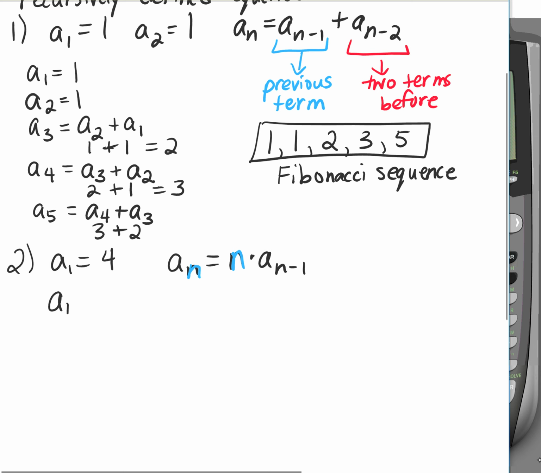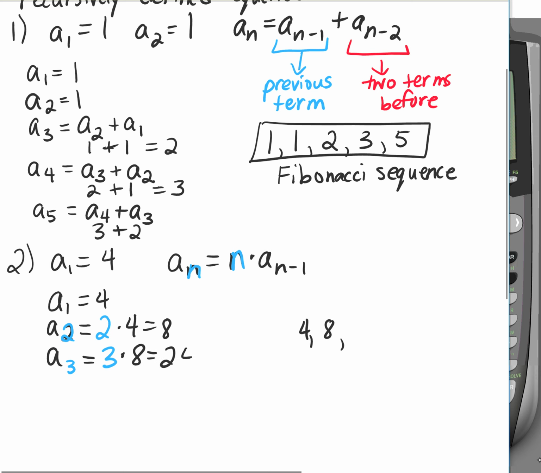So again, we have a1 is 4. a2 is going to be 2 times the previous term, which is 4, and gives us 8. So I'm going to write it out that way and then also write it out in our normal sequence form. And then a3 is going to be 3, because that's my n value, times the previous term, which is 8. Gives me my next term.